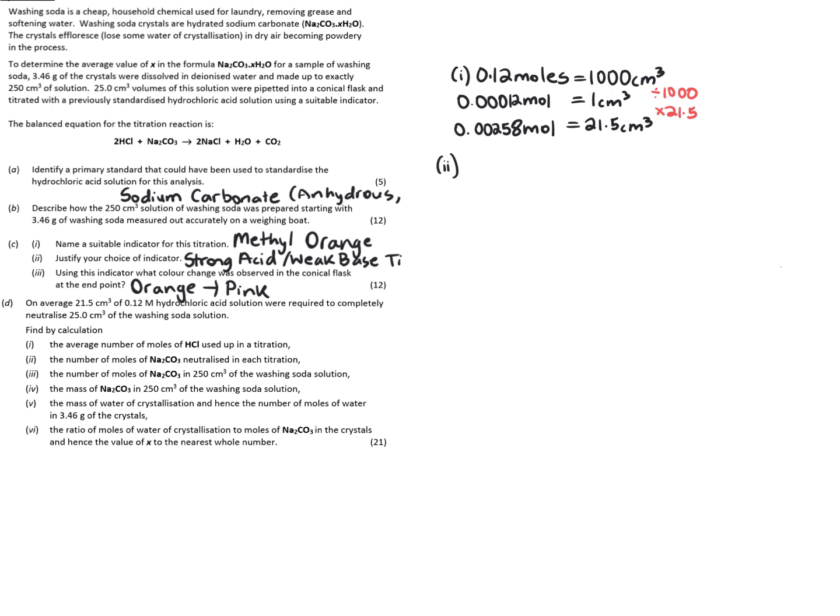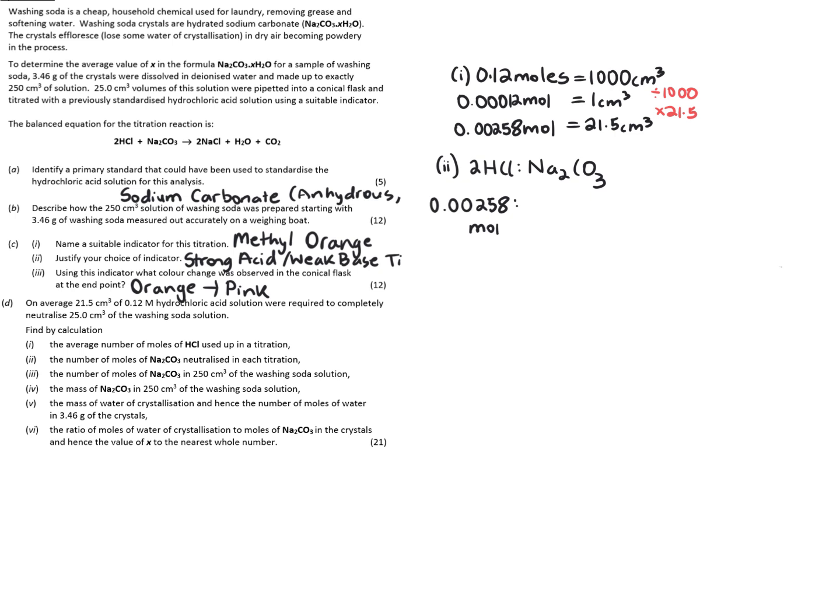In the second part, it says the number of moles of Na2CO3 neutralised in each titration. Looking at the chemical equation, it's 2HCl reacting with 1 Na2CO3. We've just figured out that we had 0.00258 moles of hydrochloric acid being added into the conical flask each time.